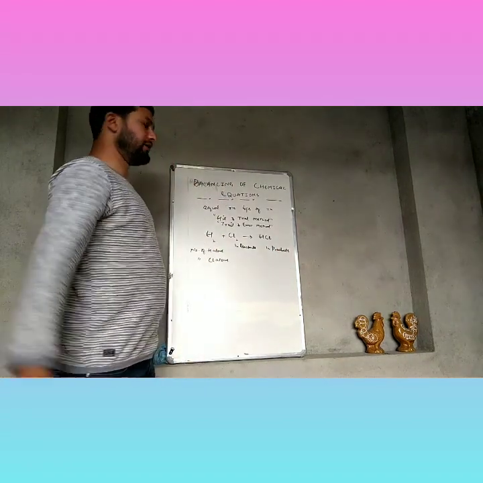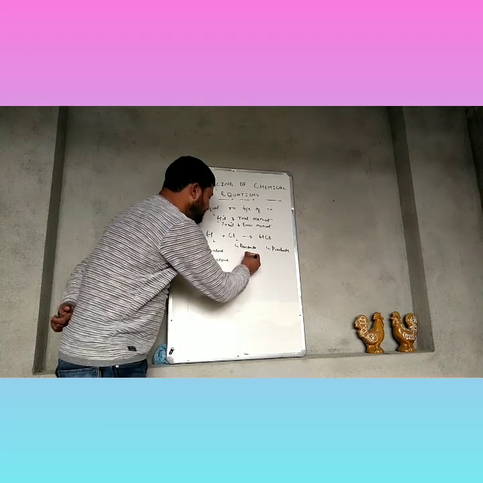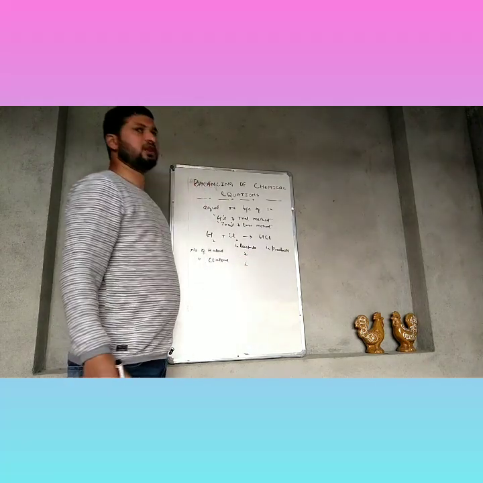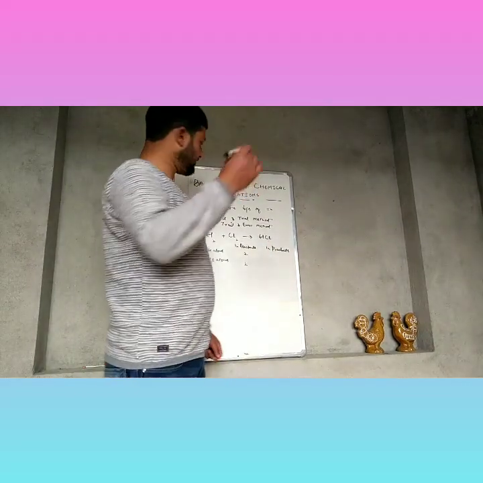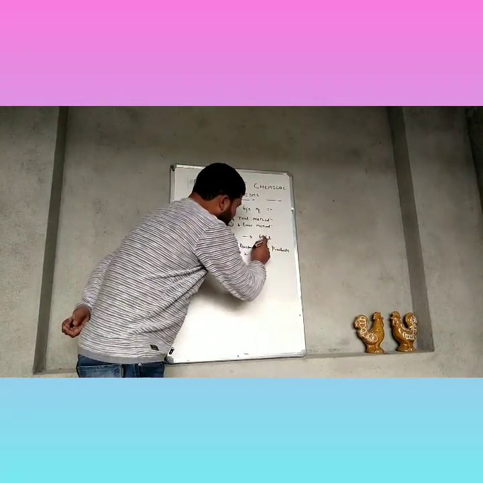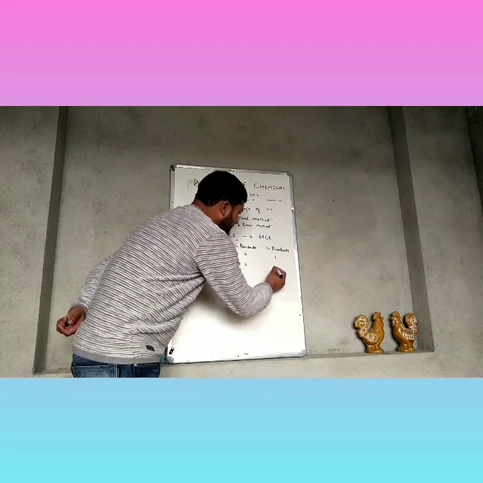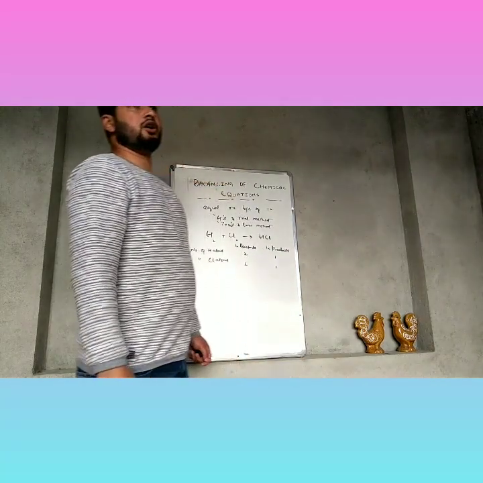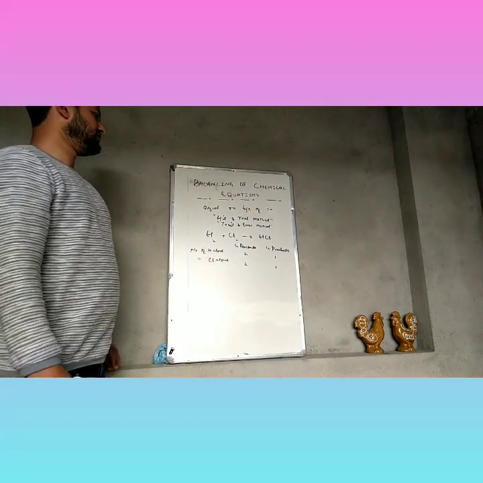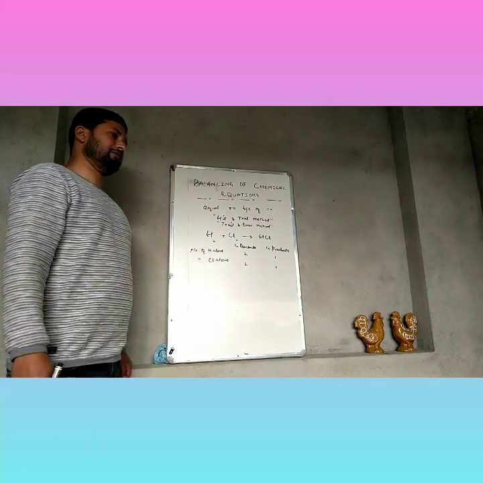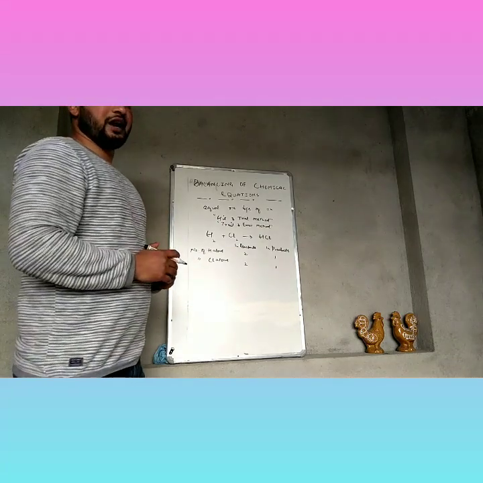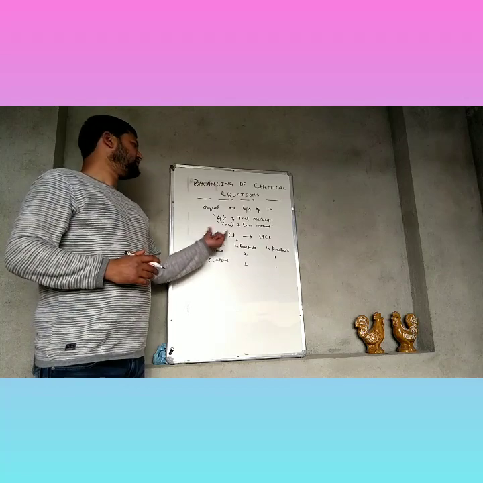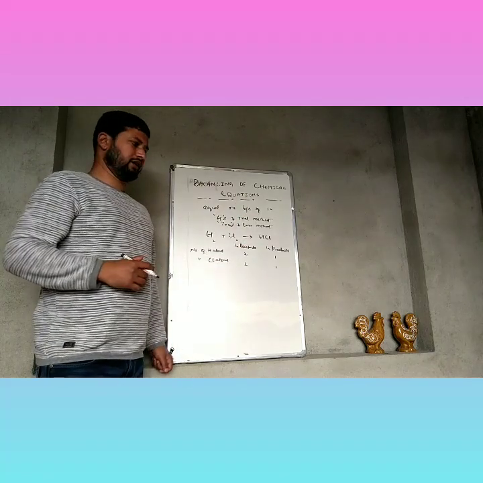Here the number of hydrogen atoms is 2. The number of chlorine atoms is also 2. And on the product side, the number of hydrogen atoms is 1, and the number of chlorine atoms is also 1. So we have to balance this equation by the hit and try method. As I mentioned, we simply multiply the reactants or the products by simple numbers.